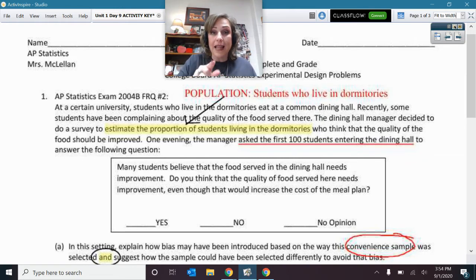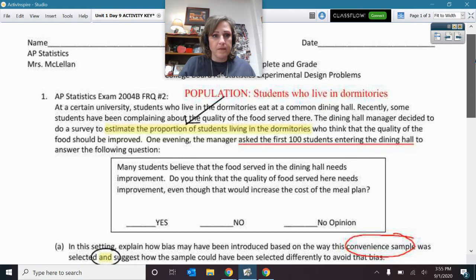It's similar to our problems we've recently had about asking the people at Bearcat Park if they think Bearcat Park is safe. The parents who aren't there. It's also asking the people standing in the line at the amusement park, waiting for a ride, if they're okay with standing in line waiting for a ride. Not going to be representative of all patrons.